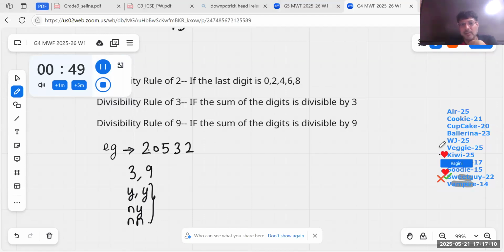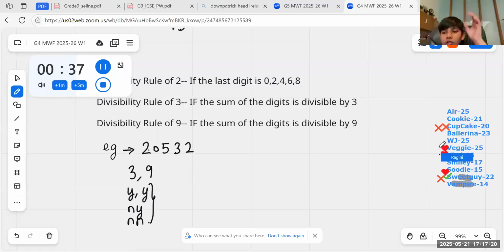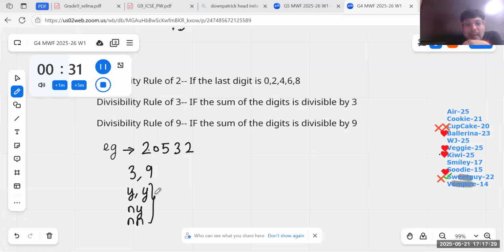Sweet Guy also has joined. Sir, what do we have to do? Vampire, you have to check divisibility by 3 and 9 of 20,532. केवल आप YN या NN या YY ऐसे भेज दो चैट में.